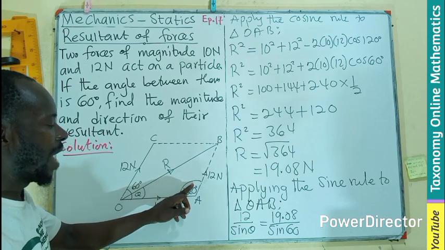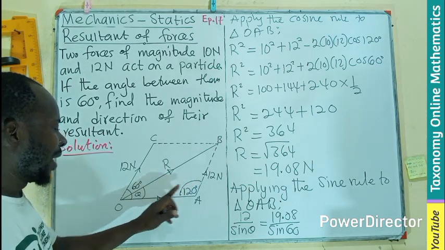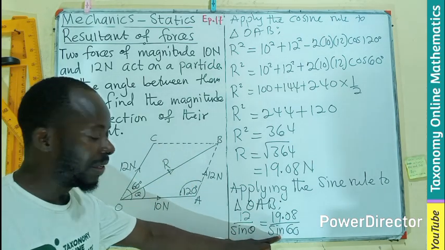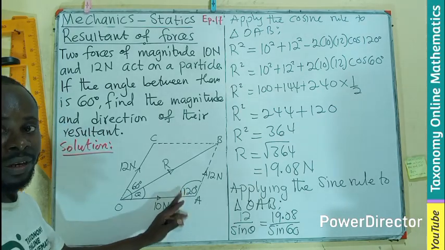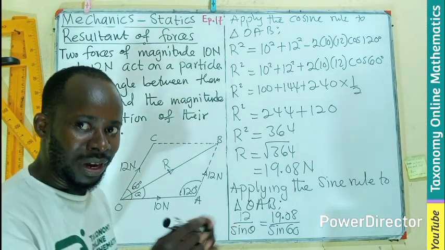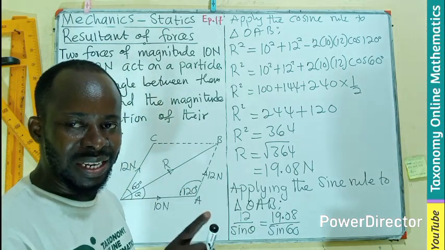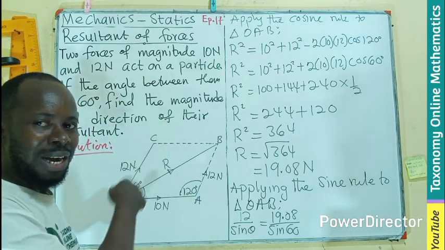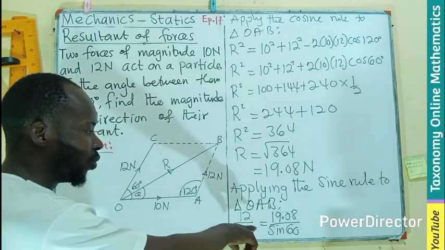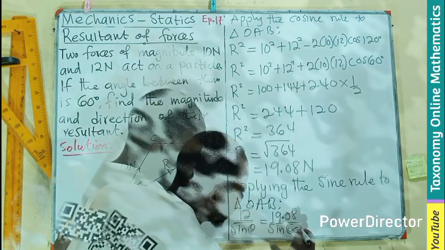This is what we have. 180 minus 60 becomes sine 60 alone without the 120. Let's take cognizance of how we are changing the angle with the angle between the two forces. This is going to be 60 degrees.